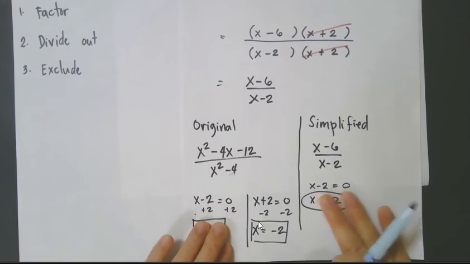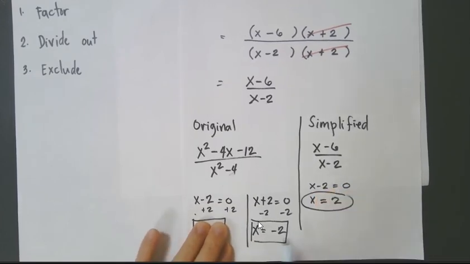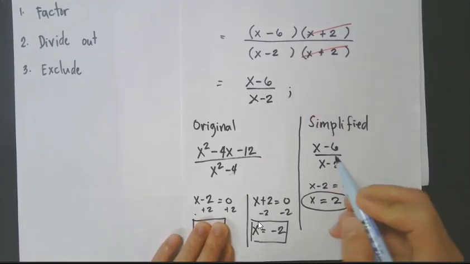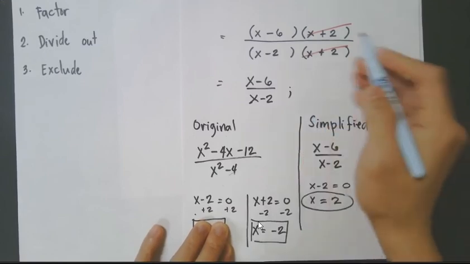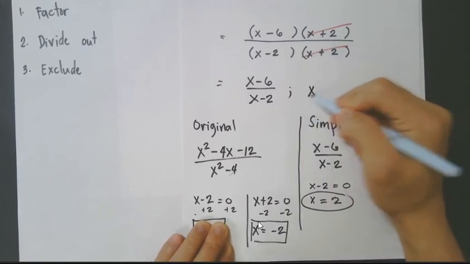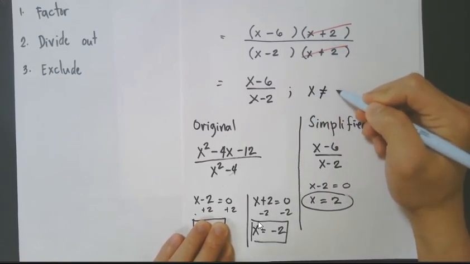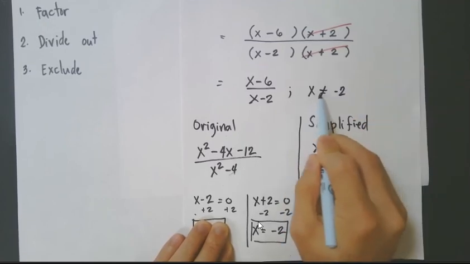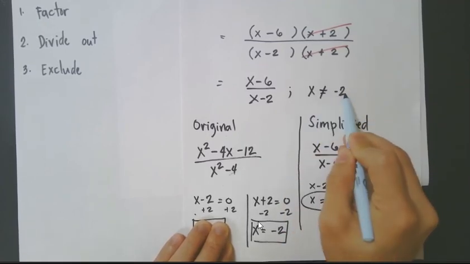Instead, we would just write the different excluded value, which is negative 2. Meaning the excluded value of our problem will be negative 2. x should not be equal to negative 2.